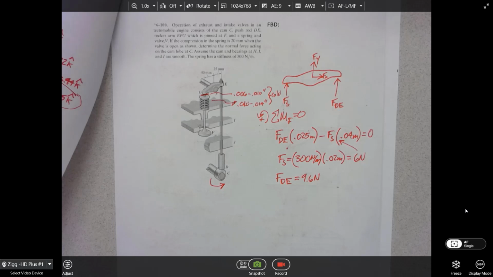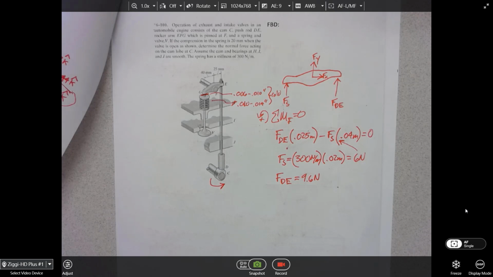Operation of exhaust and intake valves in an automobile engine consists of the cam C, push rod DE, rocker arm EFG, which is pinned at F, and a spring and valve V. If the compression in the spring is 20 millimeters when the valve is open as shown, determine the normal force acting on the cam lobe at C. Assume the cam and bearings at H, I, and J are smooth. The spring has a stiffness of 300 Newton meters.